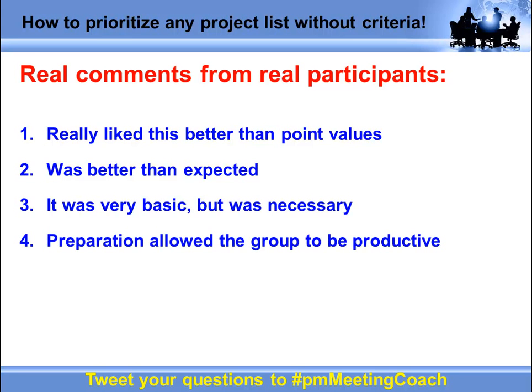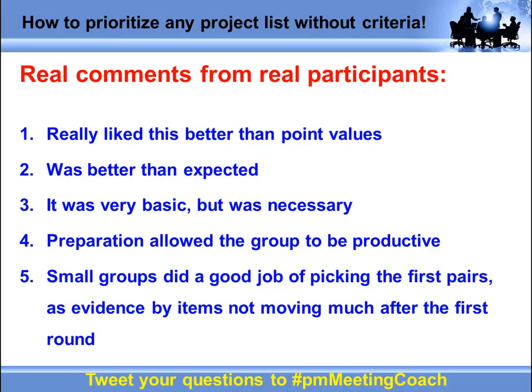We put in the preparation and planning for that meeting to make sure that we know how to manage those small groups and help them be productive. And as I mentioned before, often the small groups do a great job of picking the first pairs, so you don't have to worry about round two or round three going very high up the list. All right, but people like the fact that their project has a chance to run up the list.